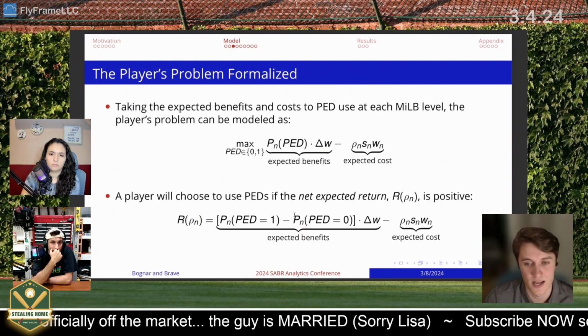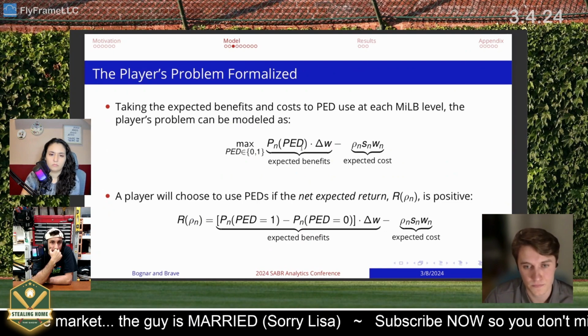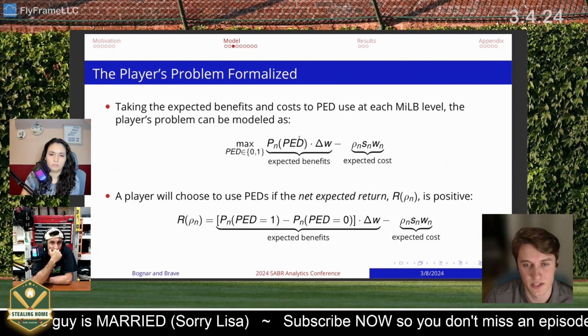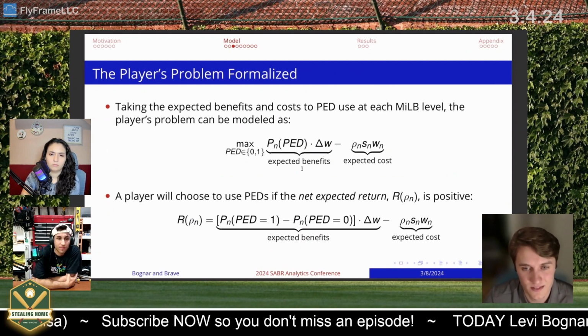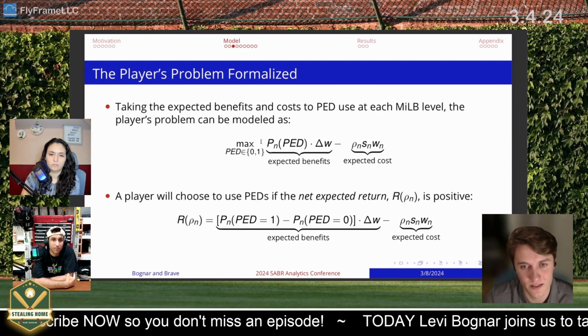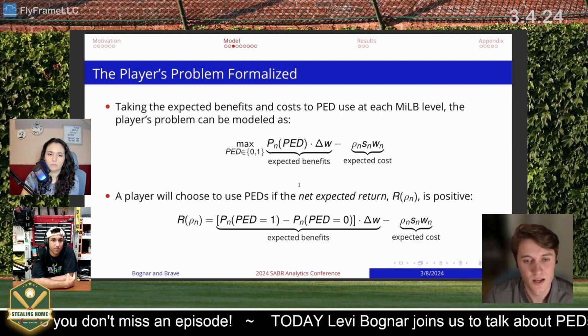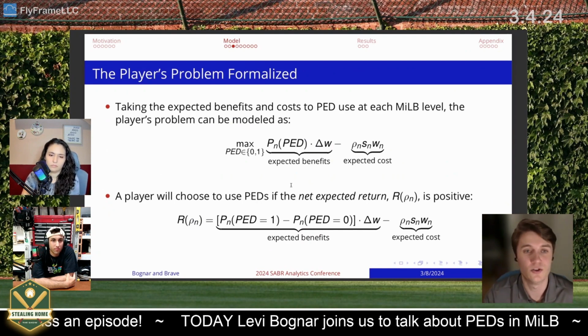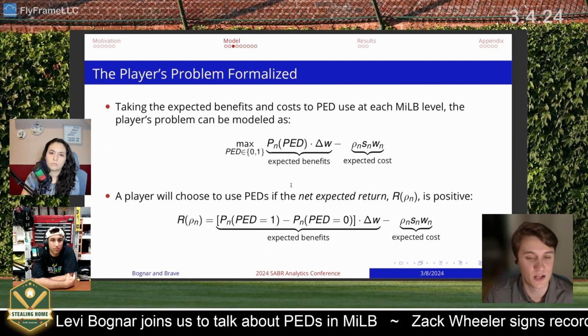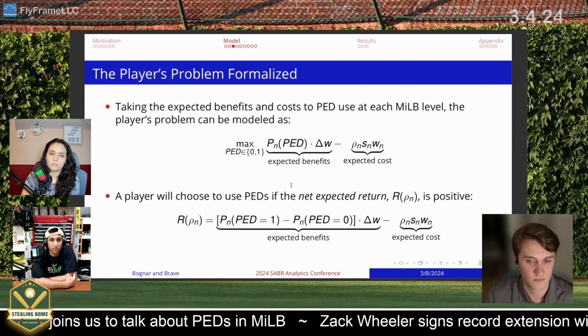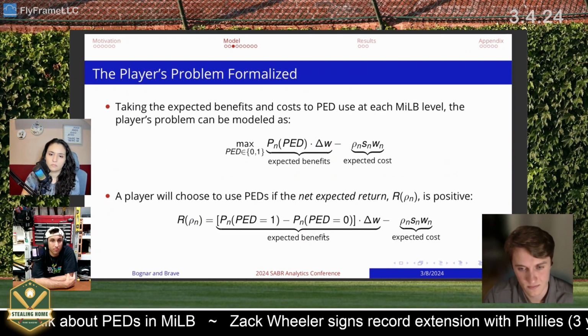This is simply taking the probability matrix and actually writing down what this means. And so for the players who choose PEDs, it's simply going to be when their net expected returns to PED use are positive. So when this is greater than 0.